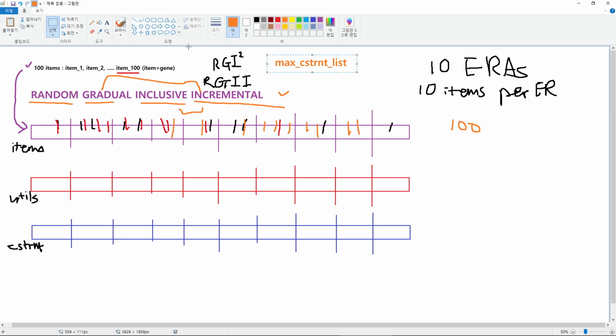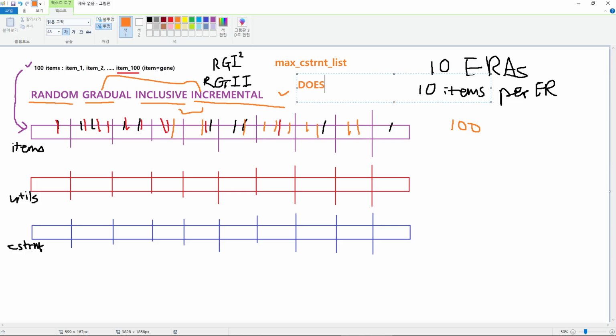The purpose of doing this was, does order matter?